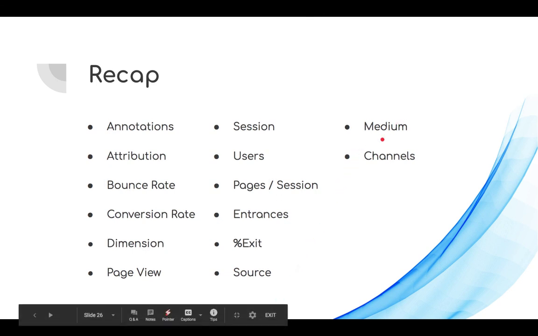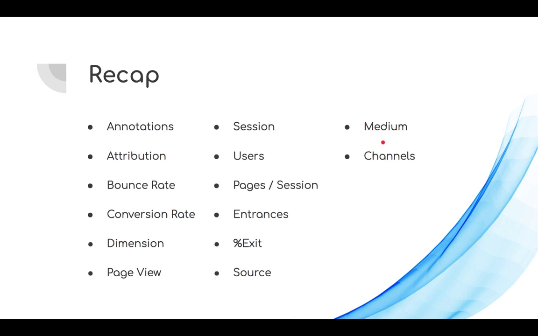There are multiple different mediums such as CPC, organic, email, and sometimes there could be different medium terms such as social media, SM, etc. But they all mean the same and they are categorized into channels. There are 6 different channels as defined by Google. This includes organic search, direct, email, referral, social, and others.